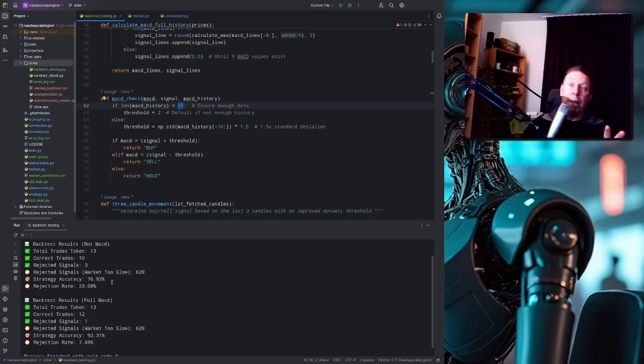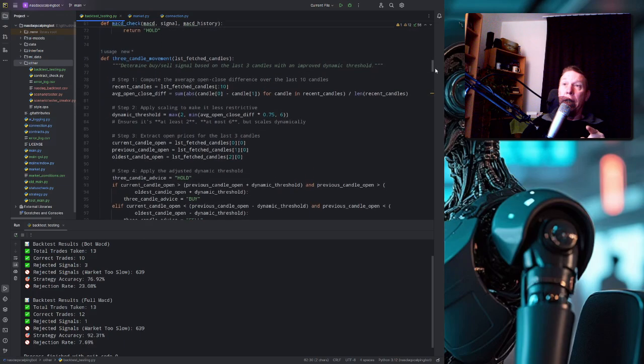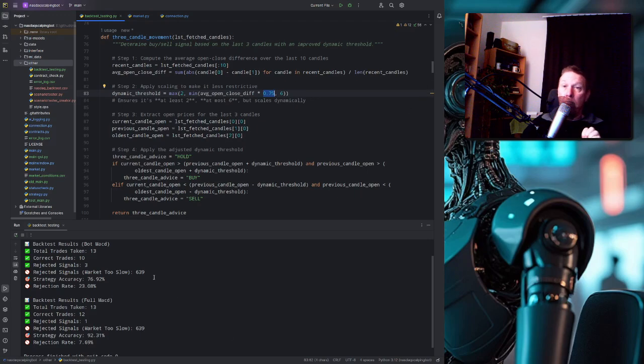So a bit better than what we had, because we have not only the dynamic MACD, but we also still have the dynamic 3-candle threshold. So this is also dynamic based on 75% of the ATR. I don't think that this is the ATR. I think we're going to try the ATR too. But not bad at all.